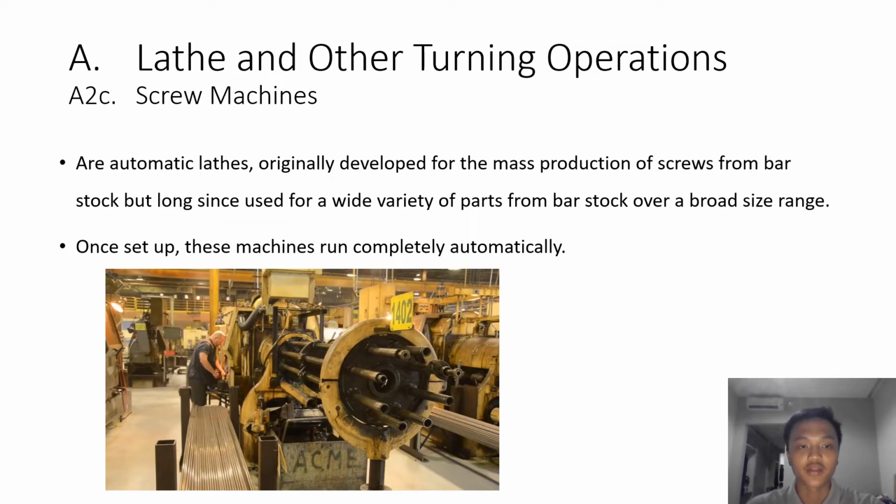Okay, we go into the next one. Screw machines. Screw machines are automatic lathes, originally developed for the mass production of screws from bar stock, but long since used for a wide variety of parts from bar stock over a broad size range. Once set up, these machines run completely automatically.